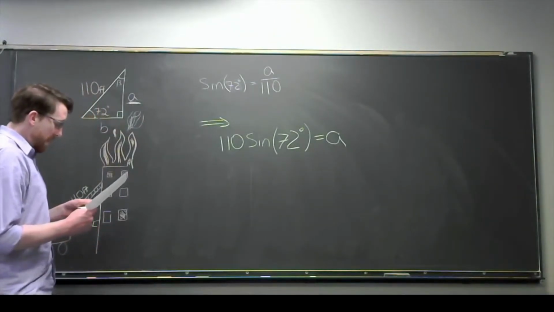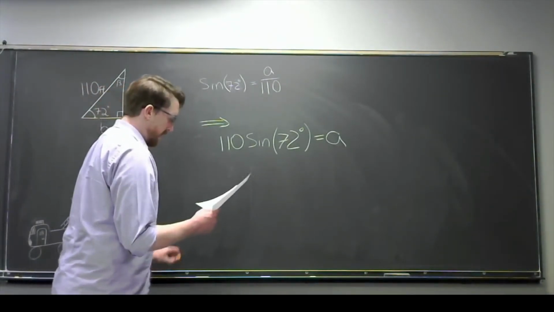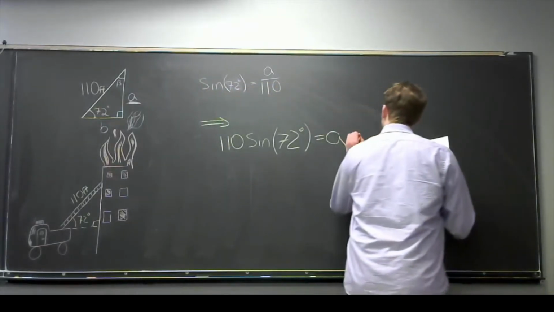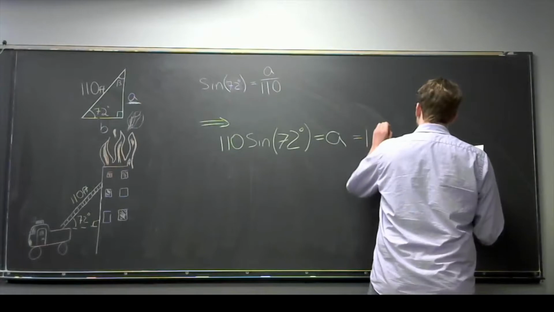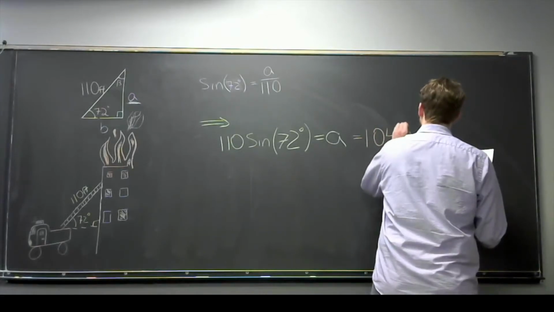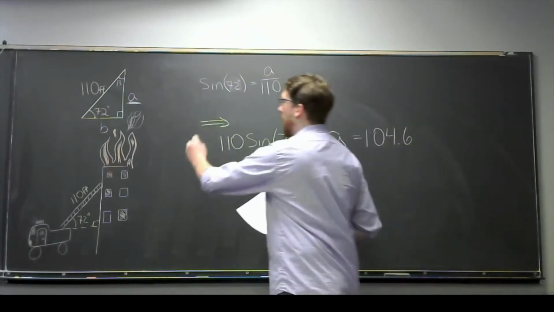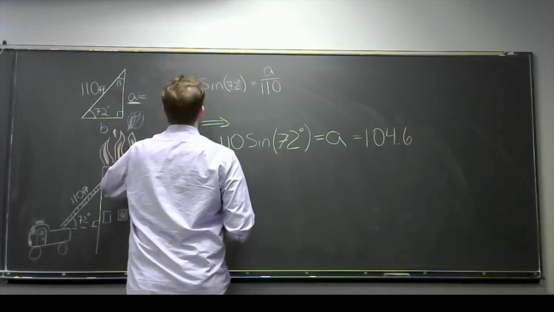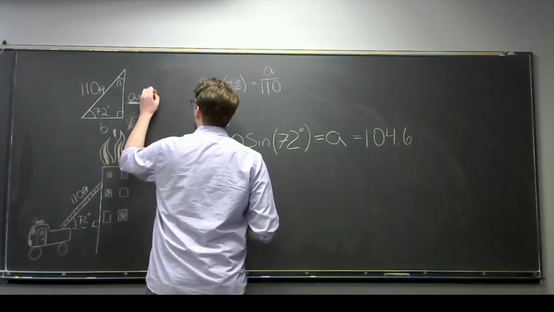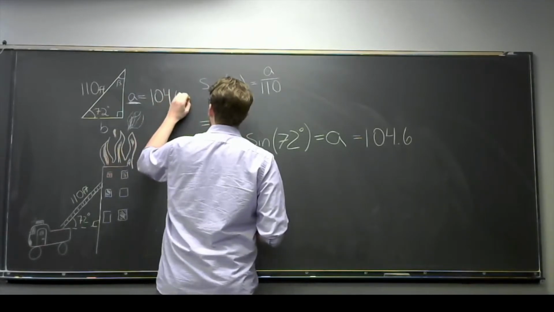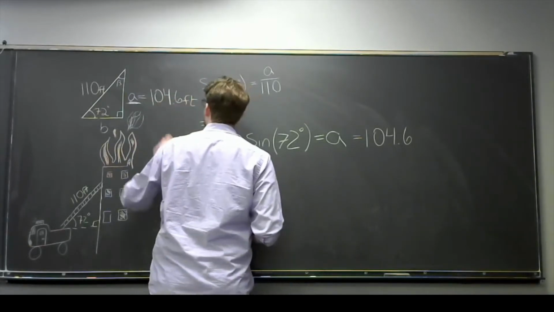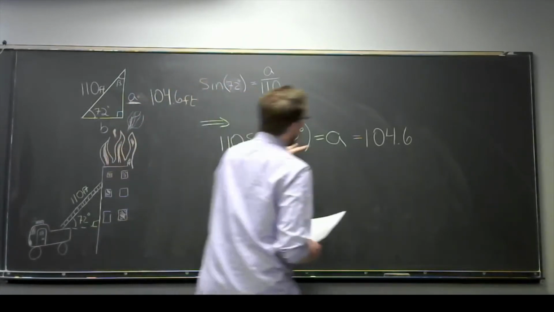And what it comes out to be is 104.6. So A over here is equal to 104.6 feet. And I should have said approximately.